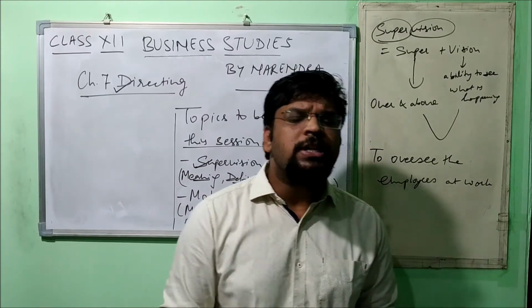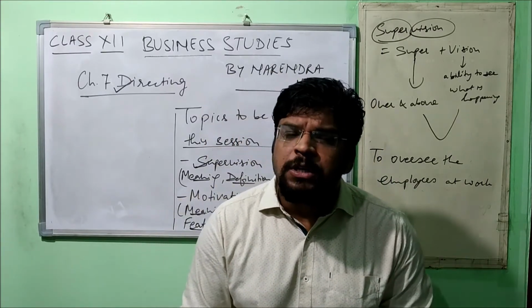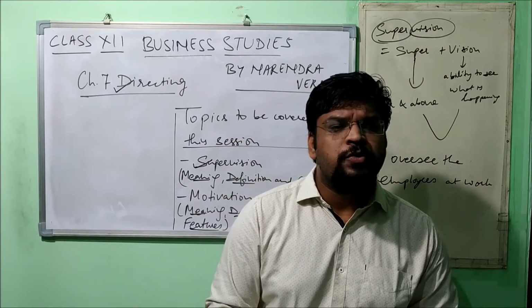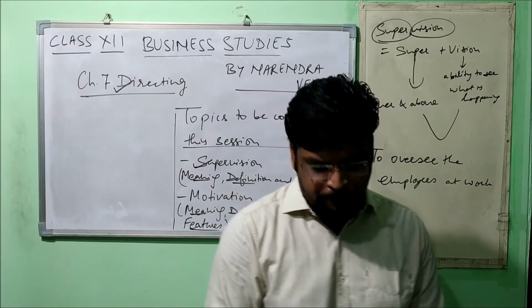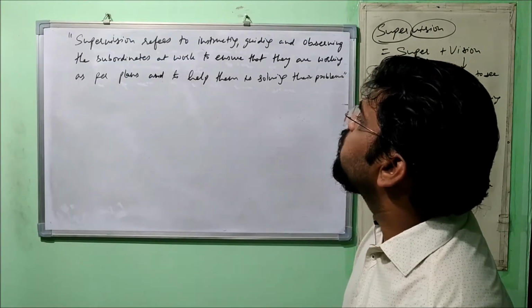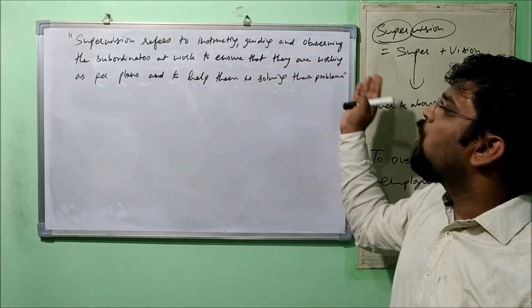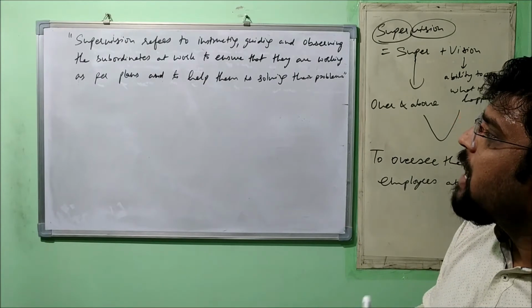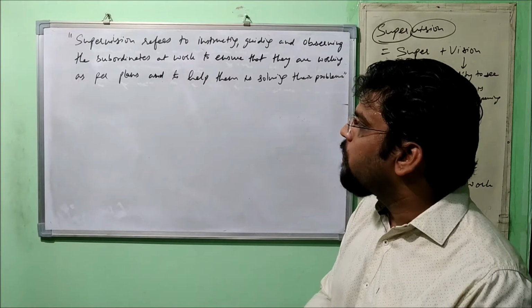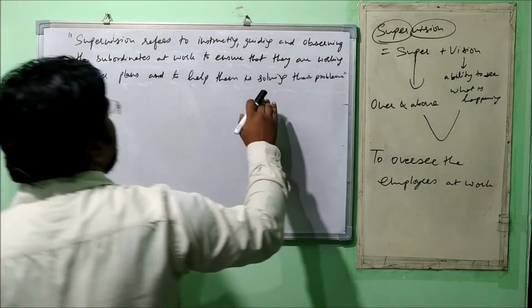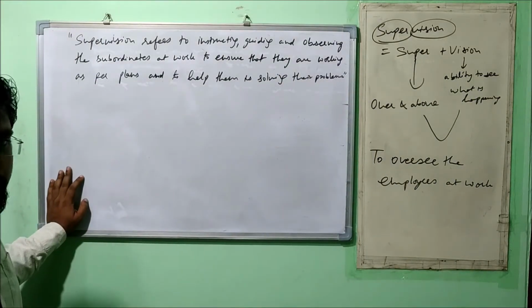right? Already in the previous video, I have given you the definition of supervision. One more time, I just write down here, then we'll have discussion on it. So supervision refers to instructing, guiding and observing the subordinates at work to ensure that they are working as per plans and to help them in solving their problems, right?